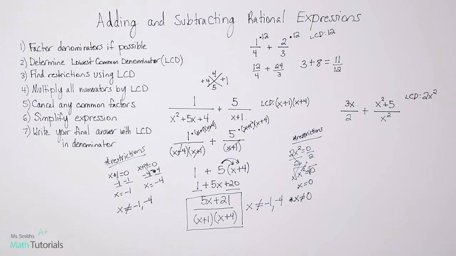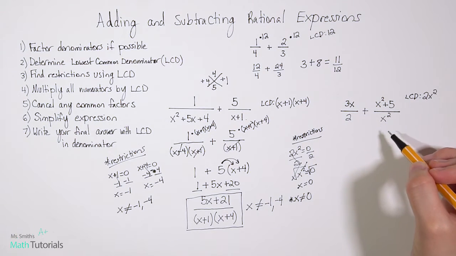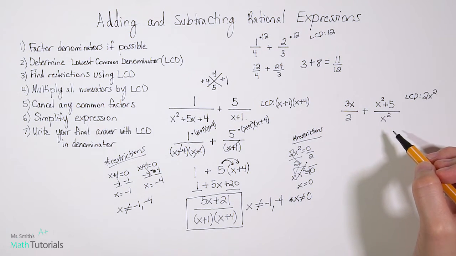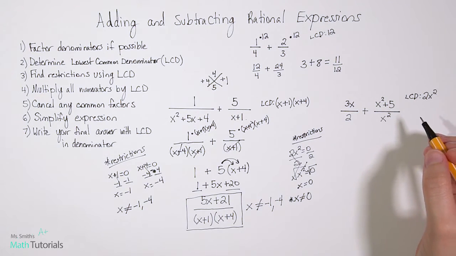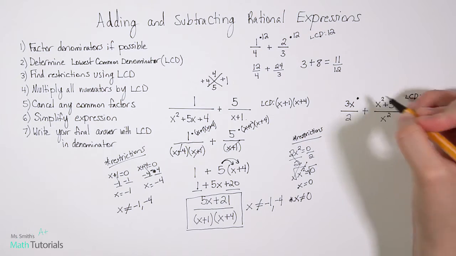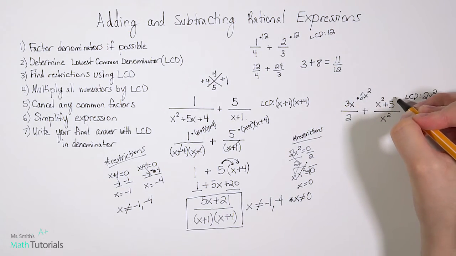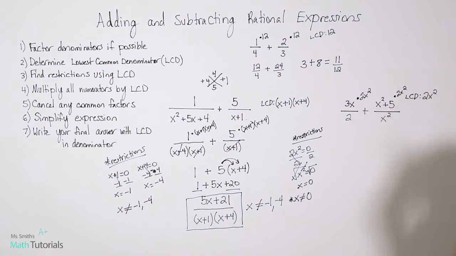Let's jump back into what we're doing up here. We found our restriction, so we want to multiply all of the numerators by the LCD. So we can go ahead and do that with what we already have written. We just want to up here do a little multiplying by 2x squared. We want to cancel any common factors, step 5.